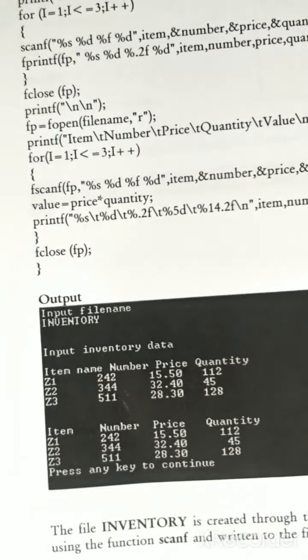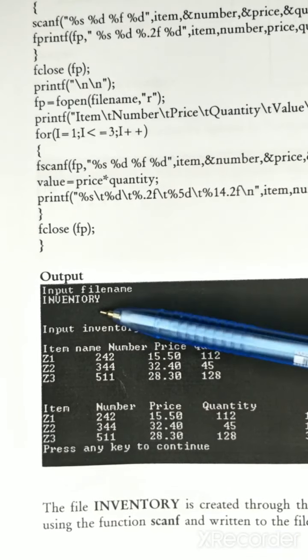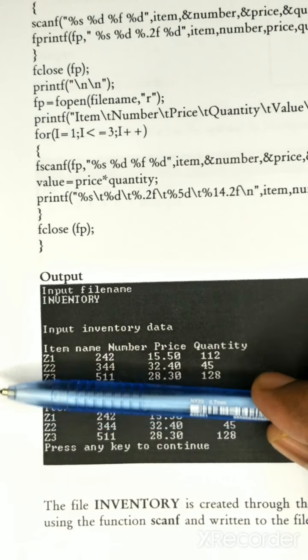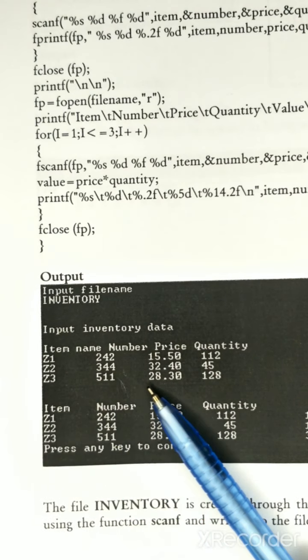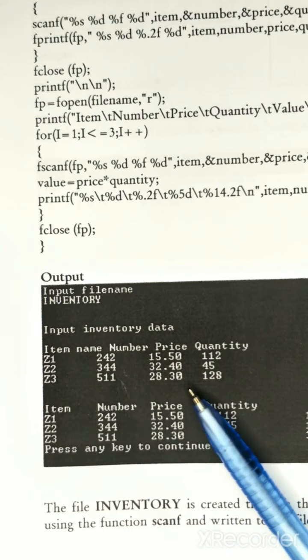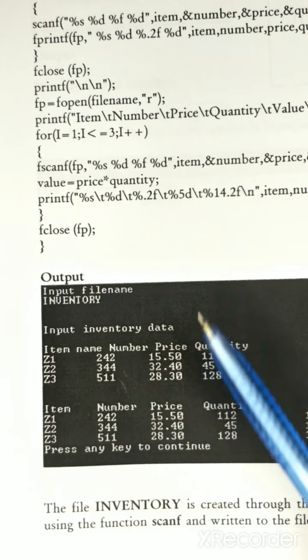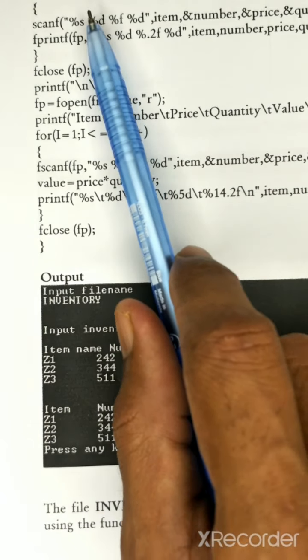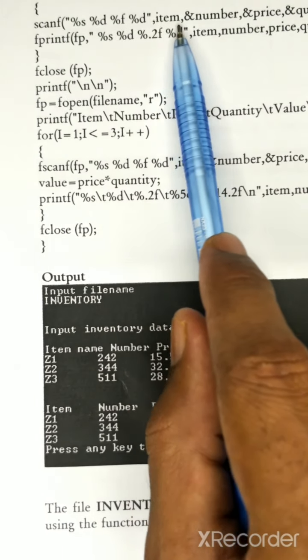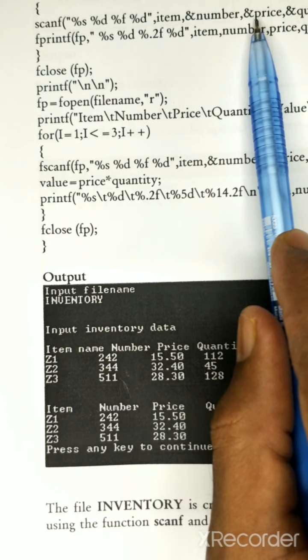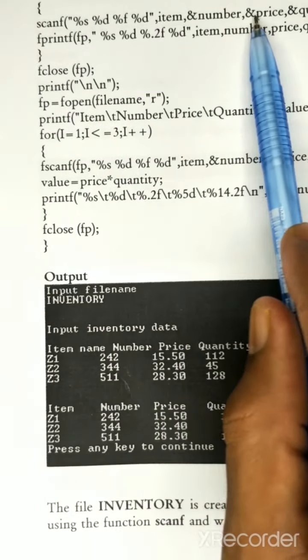So the first part of the output here is the data that we key in through the keyboard, because we have those scanf statements there.